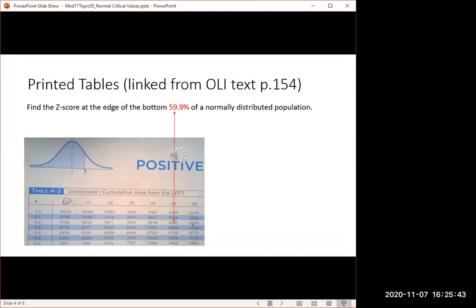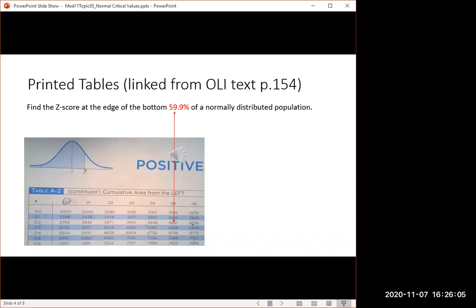That's not exactly right, but it's as close as I can get in the table. That's the problem with the printed tables. They never have exactly any particular number that you're looking for, but you can get approximations. So this is pretty close. So I'm going to use this entry 59.87.